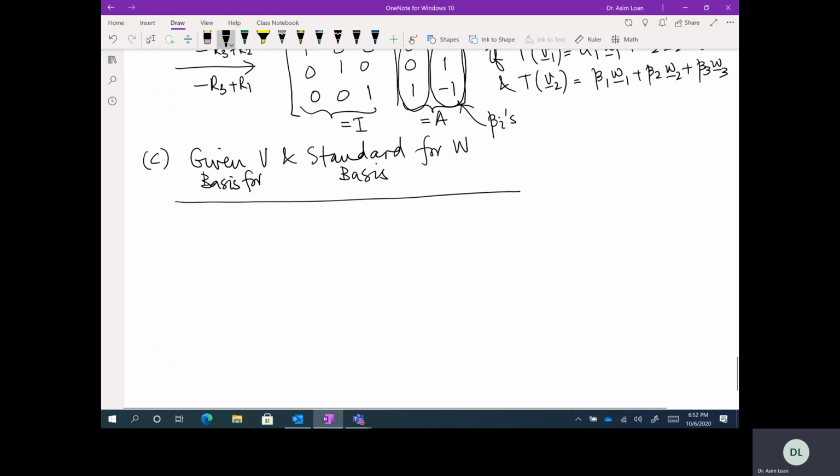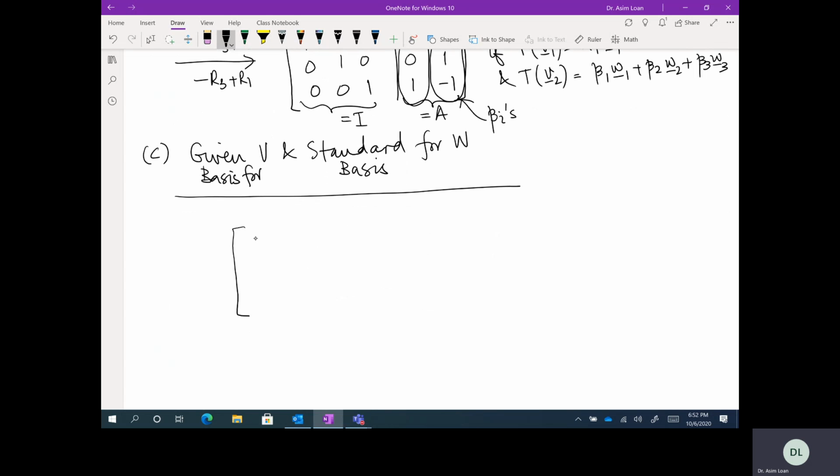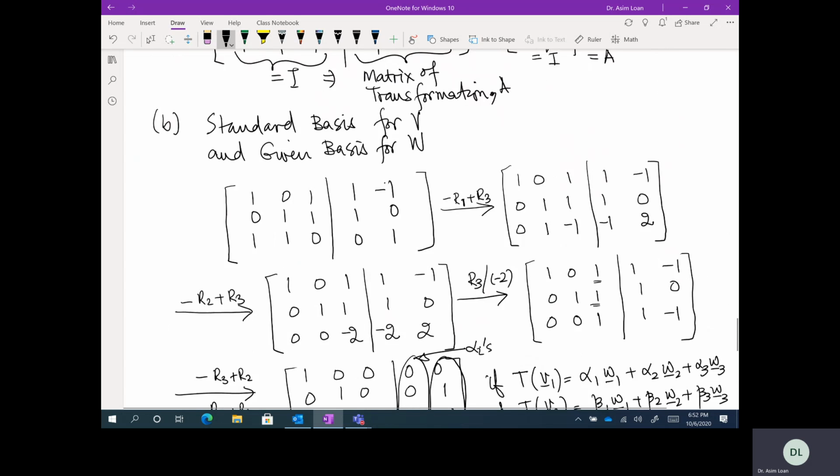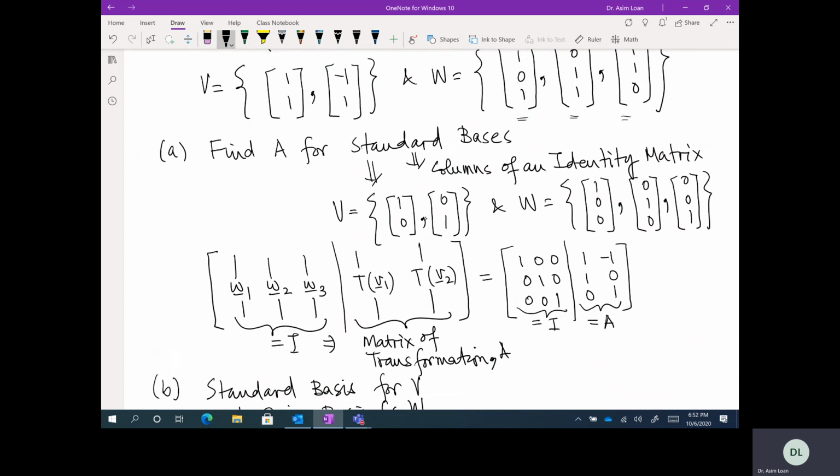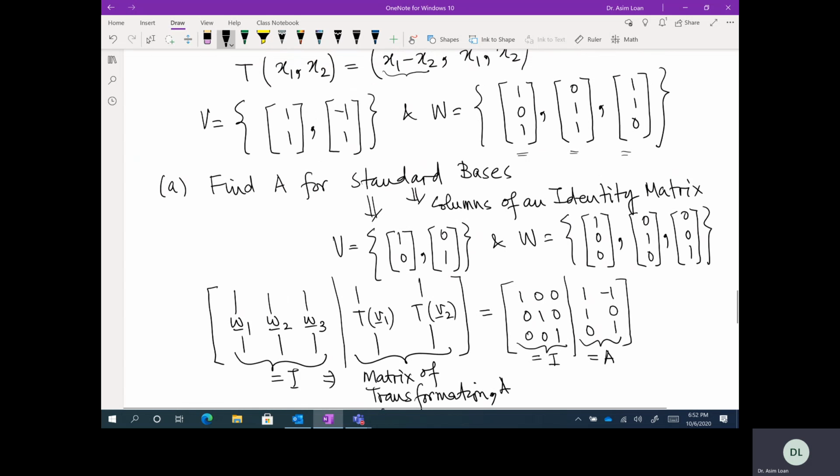So obviously if there is a standard basis for W, we already have an identity here: 1 0 0, 0 1 0, 0 0 1. And the basis for V is 1 0 0 1, which becomes the standard basis for this one.